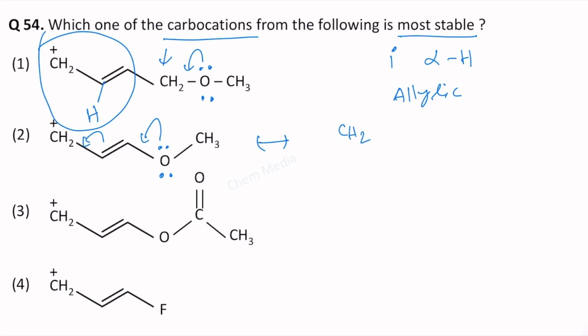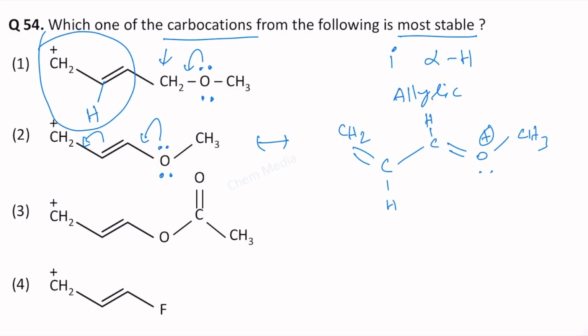CH2 double bond CH, then single bond, CH double bond, then oxygen and then CH3, 1 lone pair, and then the positive charge. Therefore, we can write a resonance structure that can stabilize the charge for the primary carbocation.